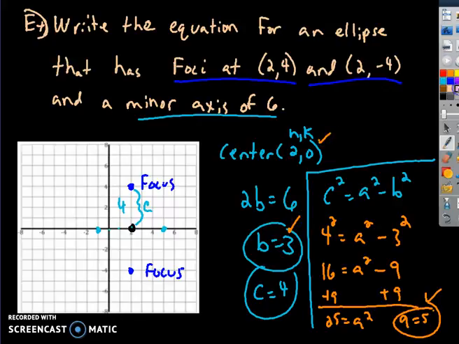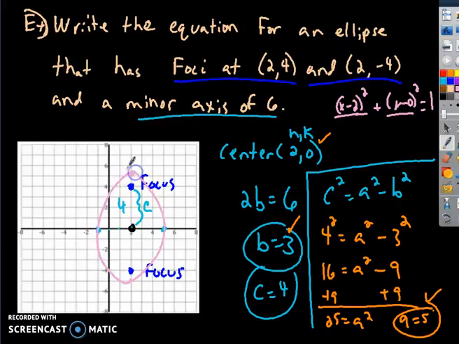So this equation has to be (x subtract 2) squared plus (y subtract 0) squared equals 1. And on the bottom, the a value in this case must be beneath y, because this is an ellipse that goes up to here and down to here.